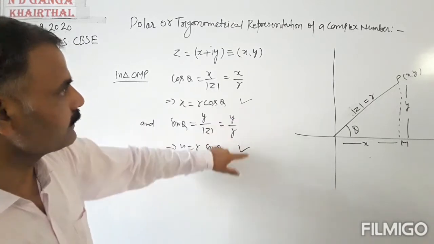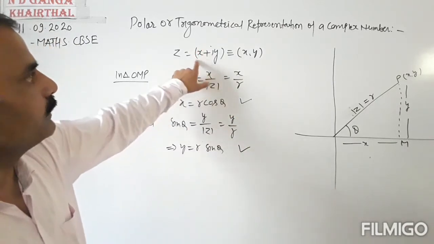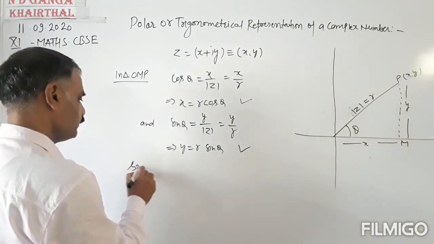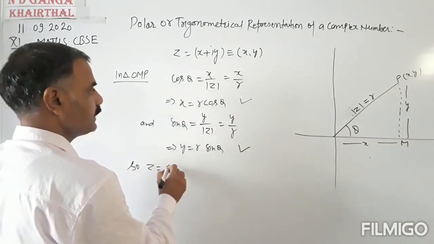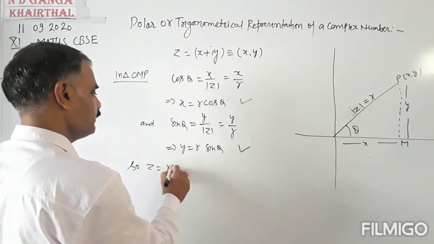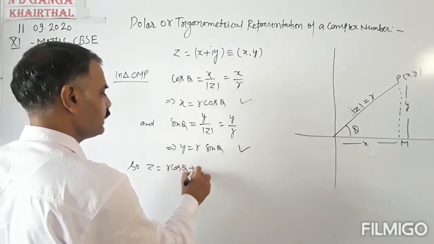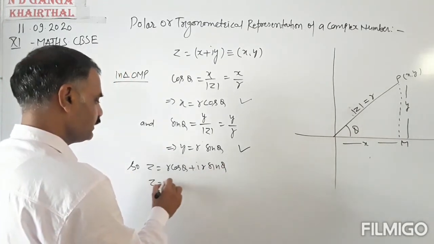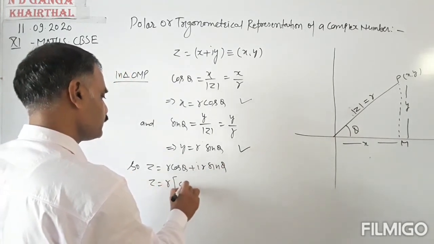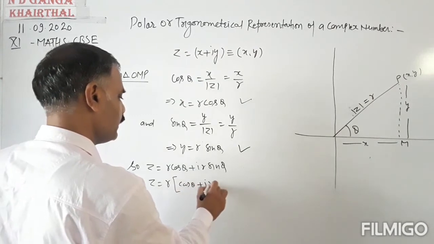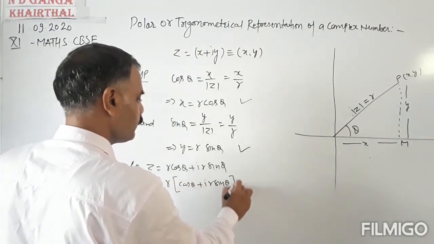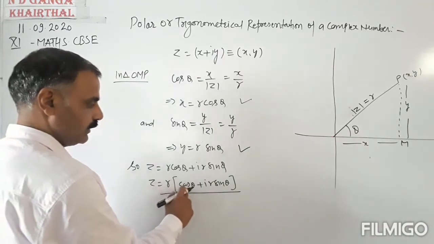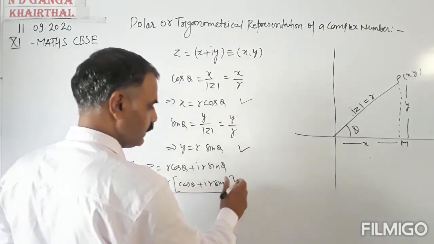Now put this x and y in the complex number z. The complex number z is equal to x plus iota y, which means r cos theta plus iota r sin theta. Taking r as common, z is equal to r into (cos theta plus iota sin theta).